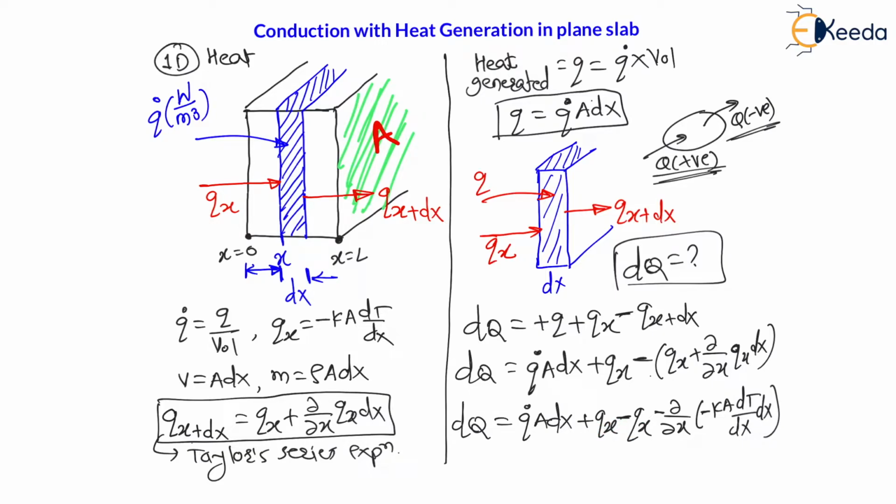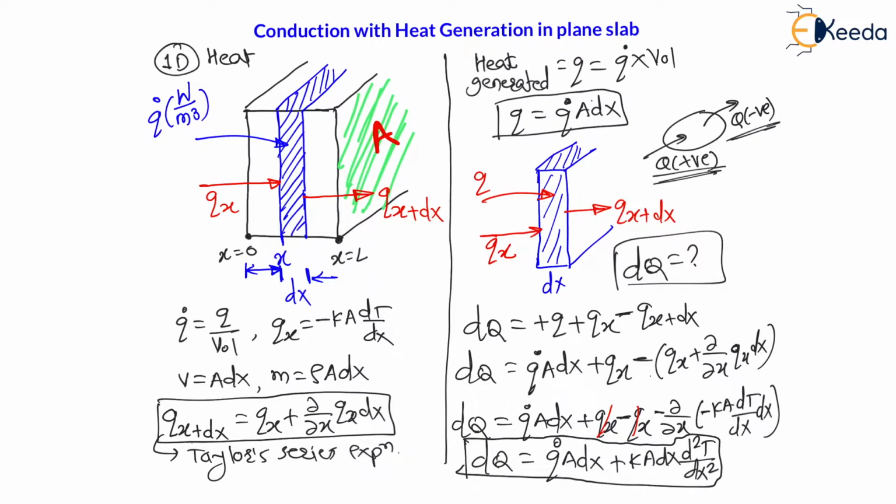The net heat interaction dQ will become q dot into area dx, plus, minus minus becomes plus, k A dx I will take outside, and dou x of dT by dx becomes the double derivative, d2T divided by dx square. This will be the net heat interaction through this element.